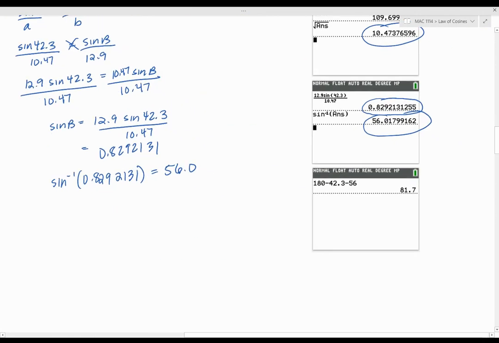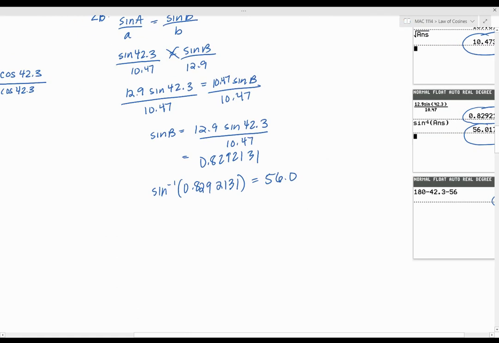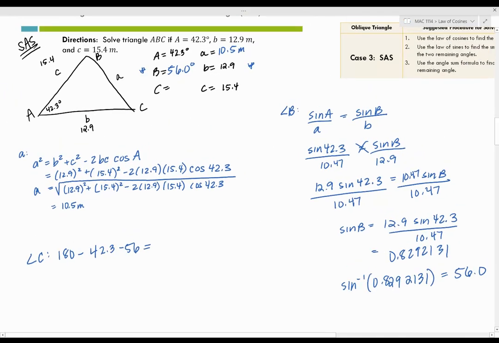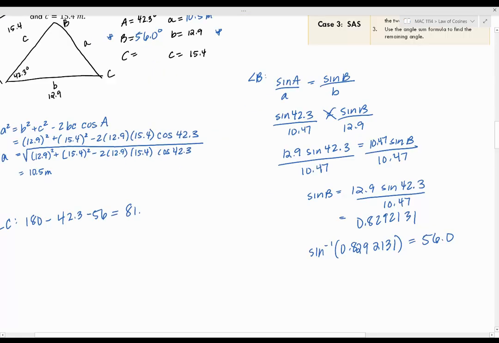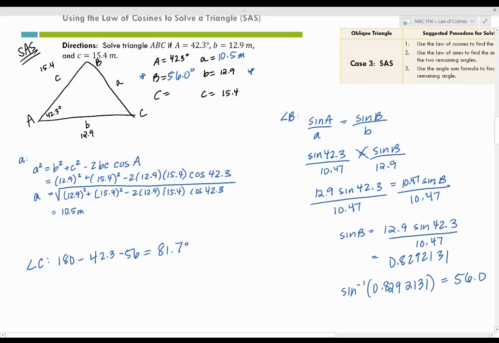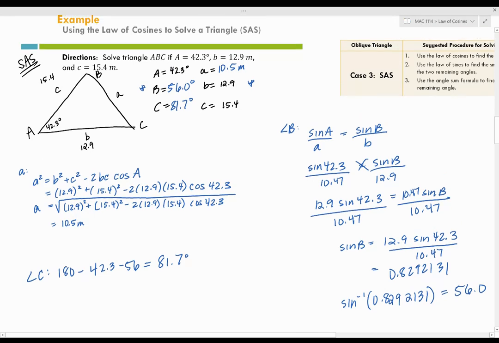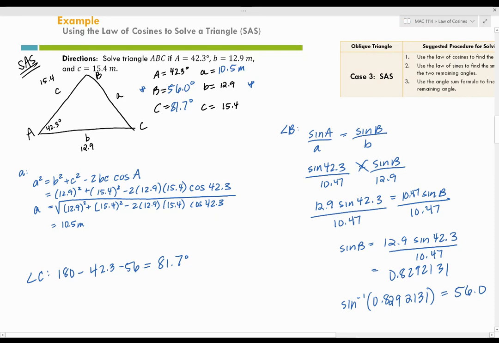When I plug that into the calculator, I get 81.7 degrees. And so I've officially solved this problem, and I know that I'm done because I have the measurements for all 3 sides and all 3 angles. Cool.